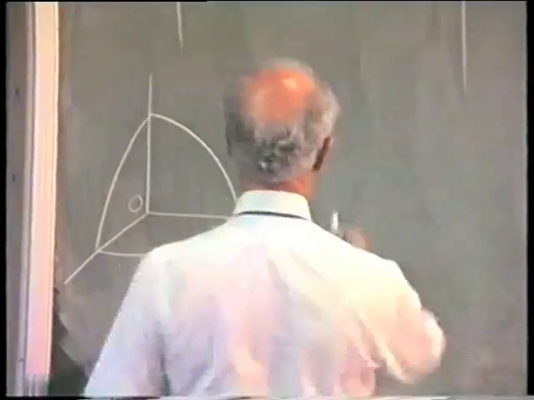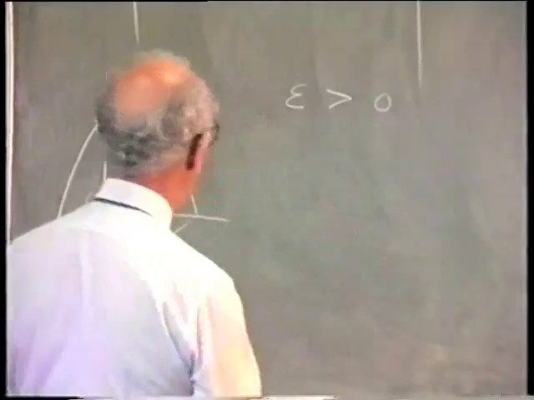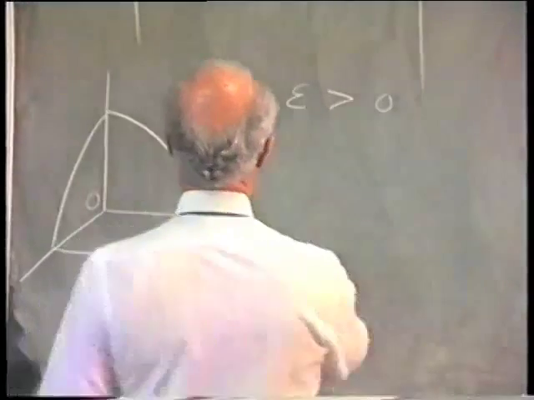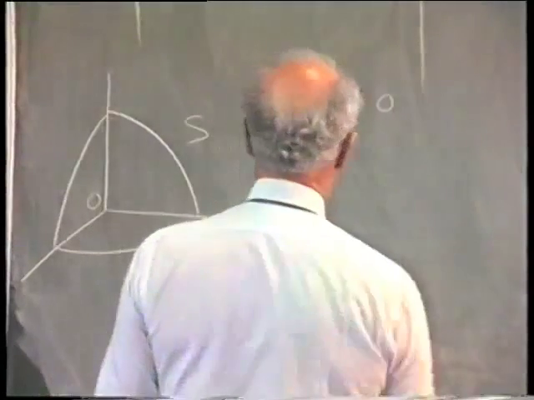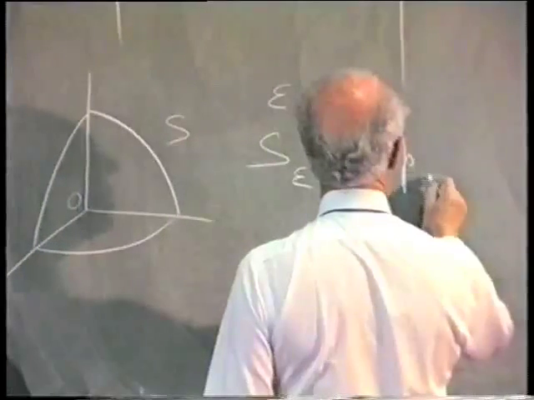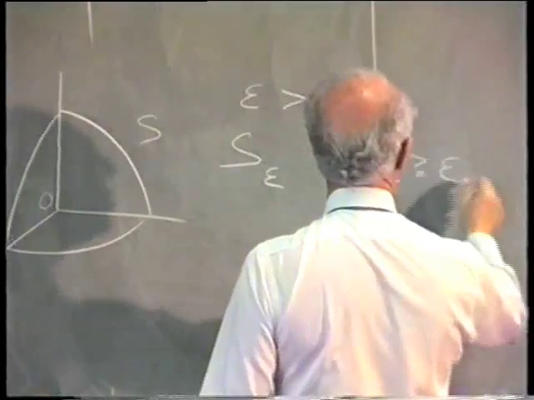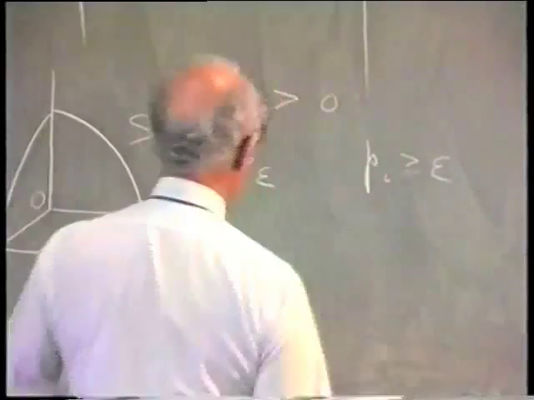And the way in which we do that is simply to take a number epsilon, which is intended to be as small as you like, but strictly positive, and then we will denote by S epsilon the part of the sphere left when you have restricted for every i, p_i to be greater than or equal to epsilon. Or greater than epsilon, it does not matter.